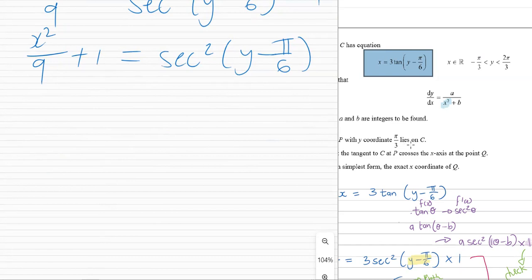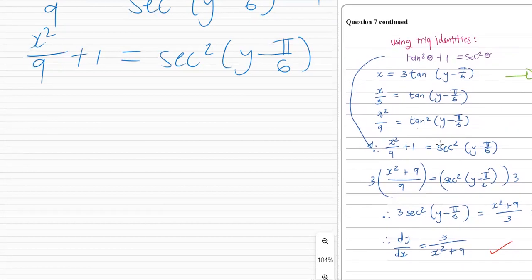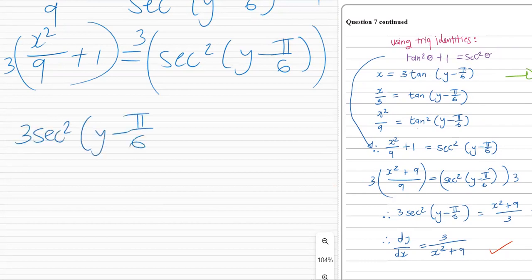That's where we're at. The only thing we need to change is we need to times both sides by 3. Our final answer will be 3 sec squared(y minus pi/6), which is our dx/dy, and that's what we were going for, is equal to the 3 and the 9 cancel out, put a 3 at the bottom, and then 3 will times into that one.